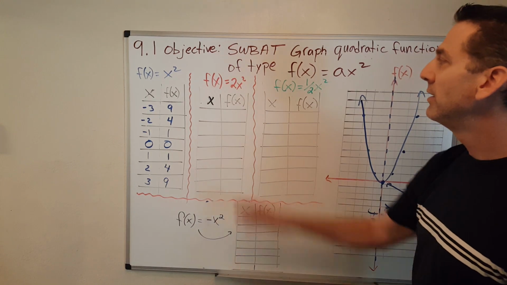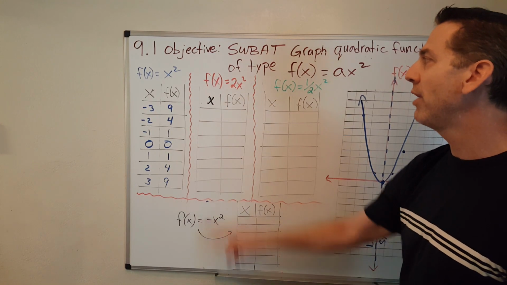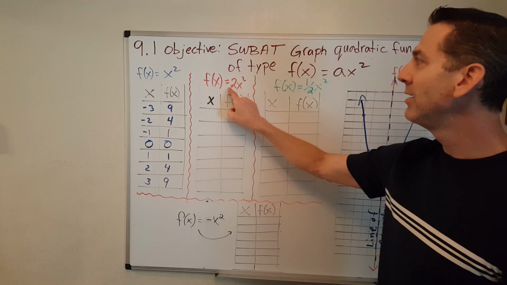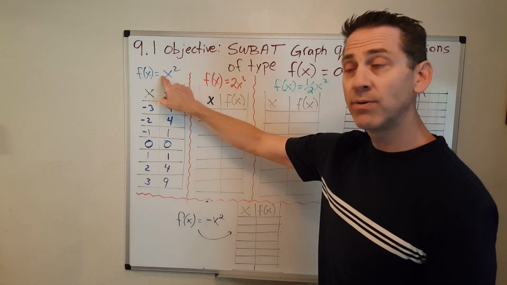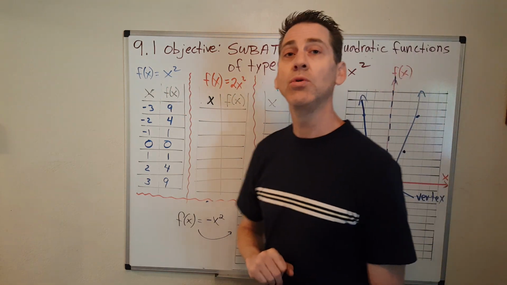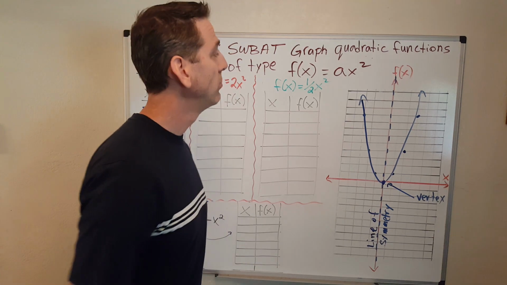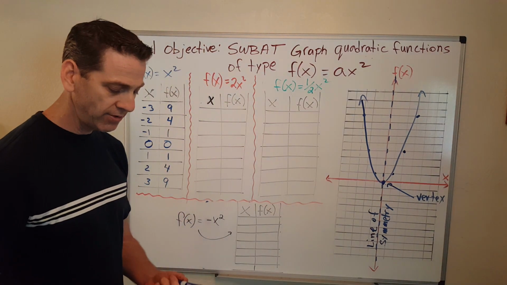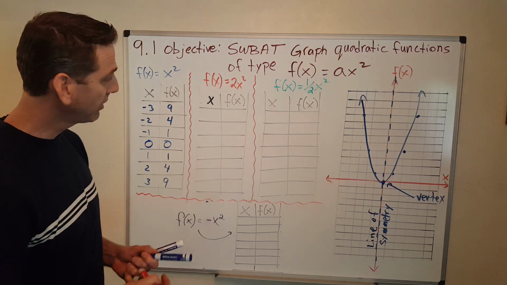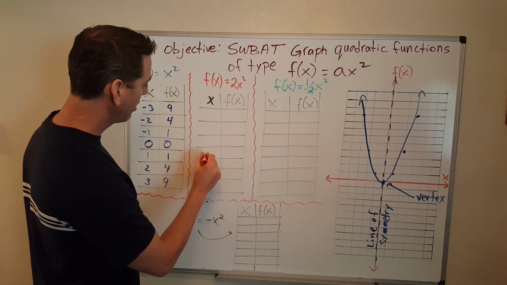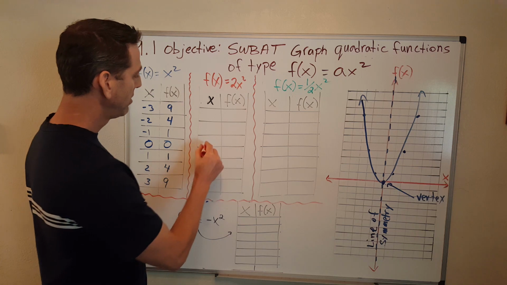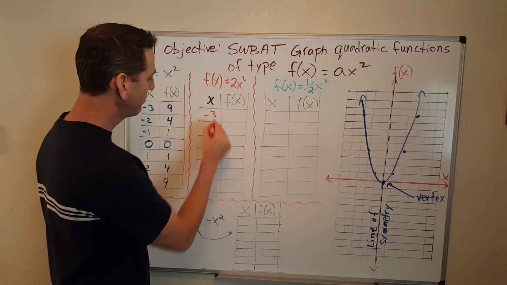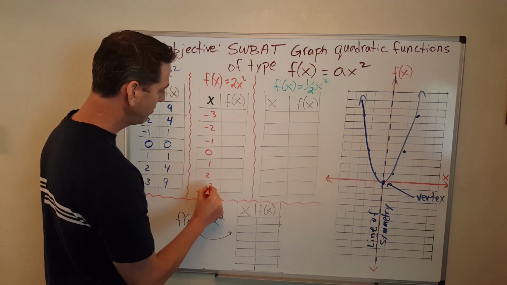Now what do you think is going to happen to our graph when a increases from 1 to 2? Well, let's find out. We're going to choose our x values, and this time we're going to use red. I'm going to go 0, negative 1, negative 2, negative 3, 1, 2, 3.